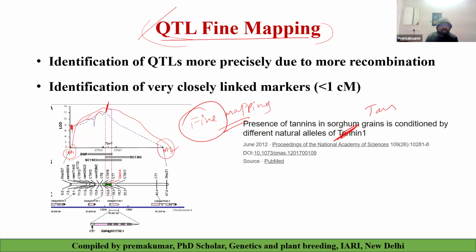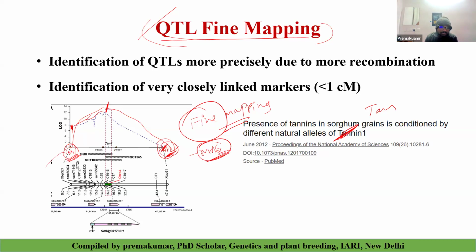But the ultimate objective is what? You have to use this marker in plant breeding, in MAS. That's what I'm repeating every class. You should follow. This marker 1 is here and marker 2 is here. You have to use this marker directly in marker assisted selection.